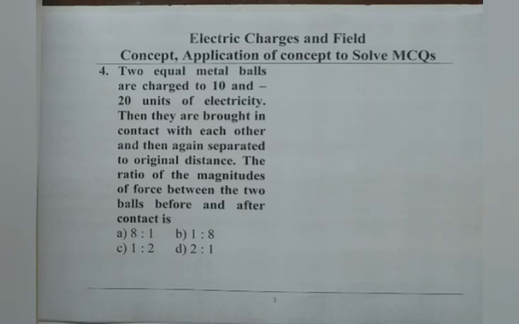Observe here in this numerical, we have to use additive property, and then we have to use redistribution of the charges, conservation property, and finally Coulomb's law. All the three things to be used, this type of things to be learnt. Most probably this MCQ might have been repeated in one of the previous MCQ sessions.